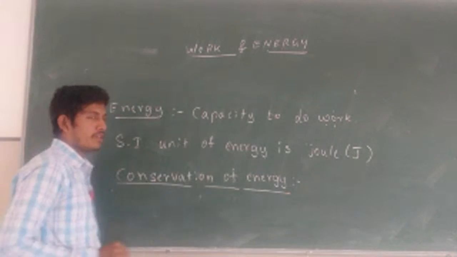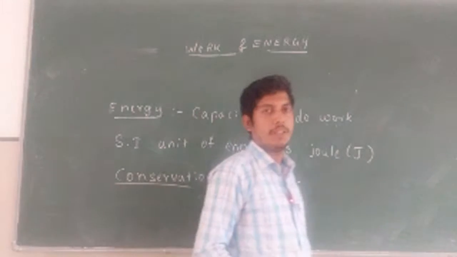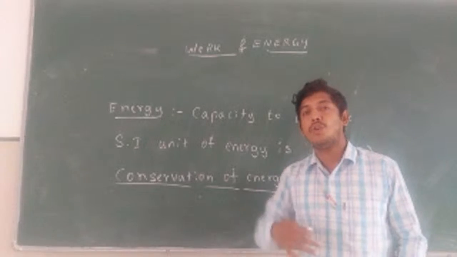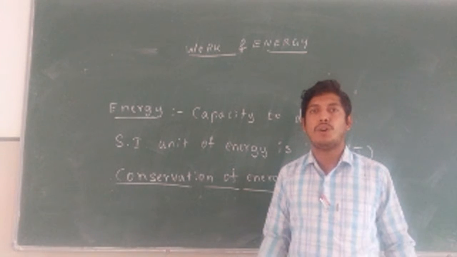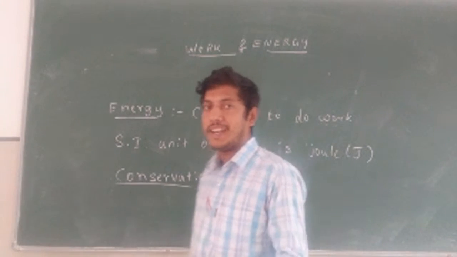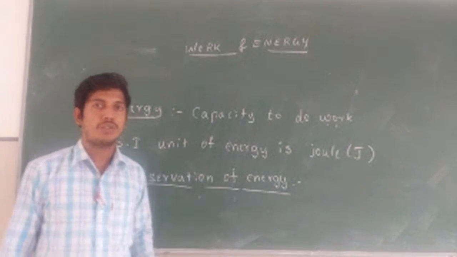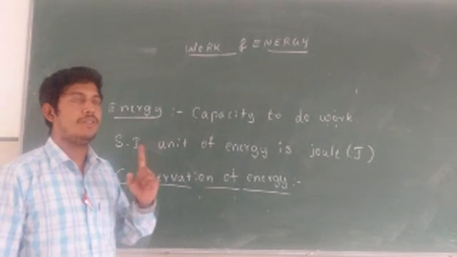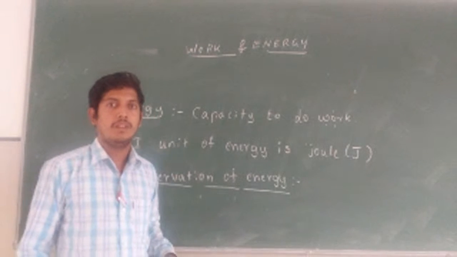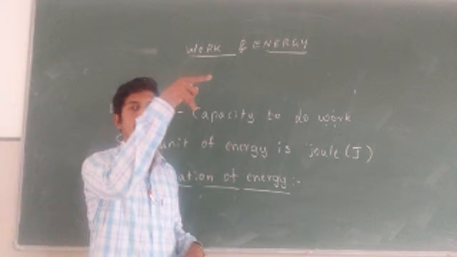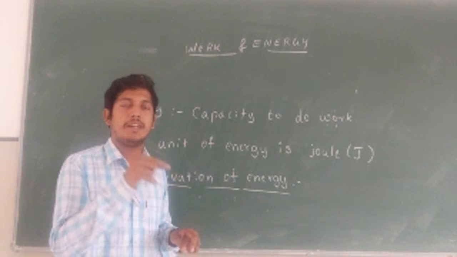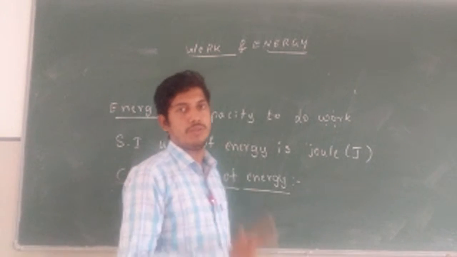Conservation of energy means energy can neither be created nor be destroyed, but it can change from one form to another. For example, when you switch on the bulb, electricity passes through the wire and reaches the bulb, and because of the tungsten wire present in the bulb, it glows.